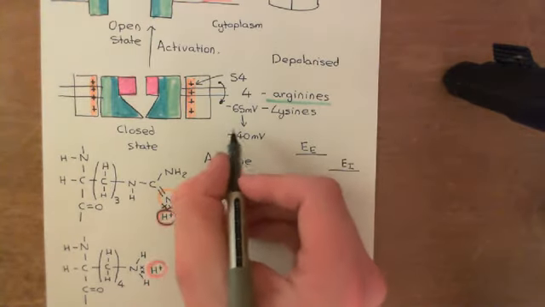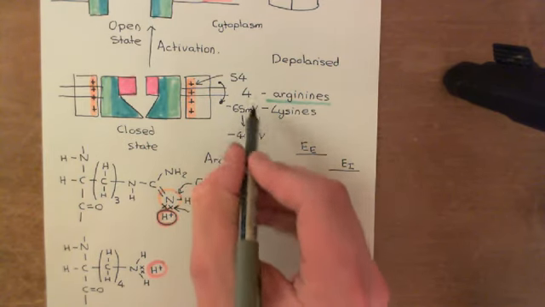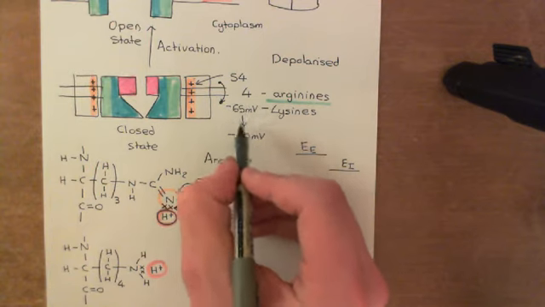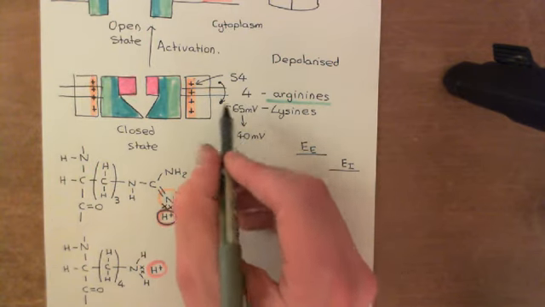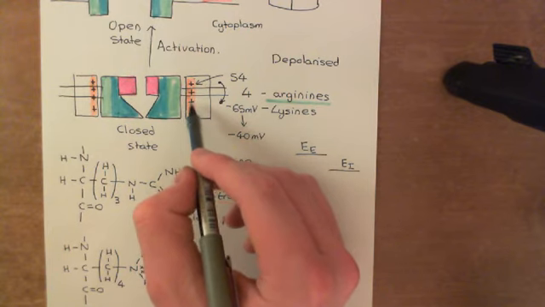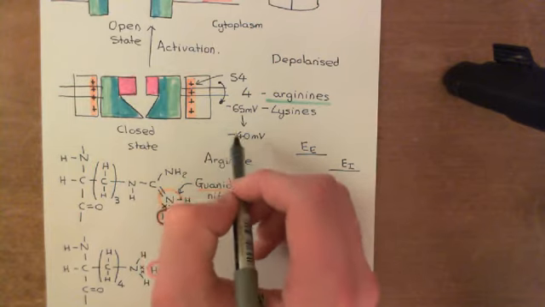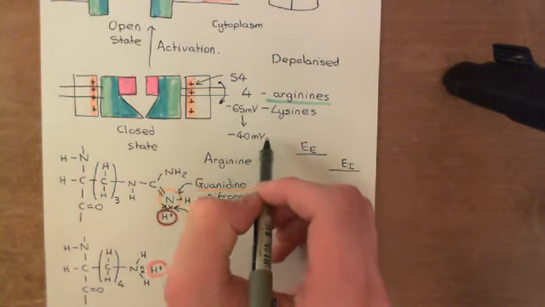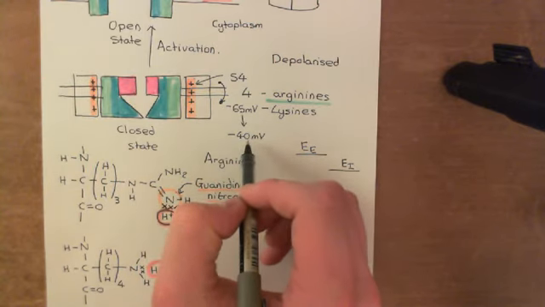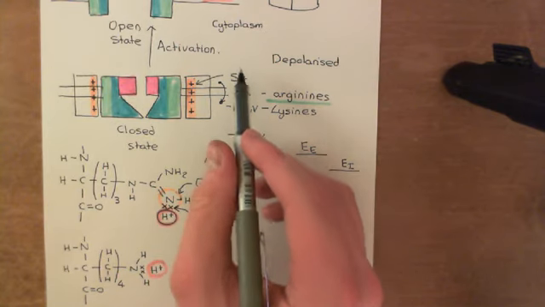And then when you reduce how negative the electrical potential difference across the cell membrane is, when you depolarize like this, the attraction on the S4 helix that's pulling it into the intracellular compartment is going to be hugely reduced, because now the intracellular compartment's electrical potential is only 40 millivolts lower than the extracellular compartment's.